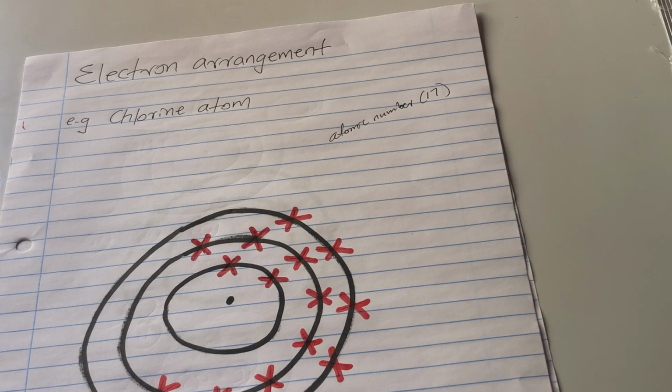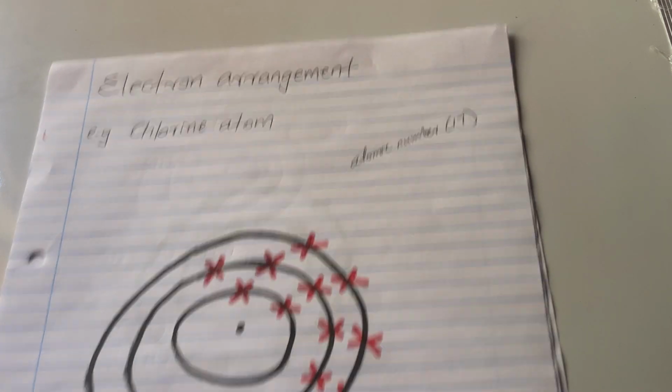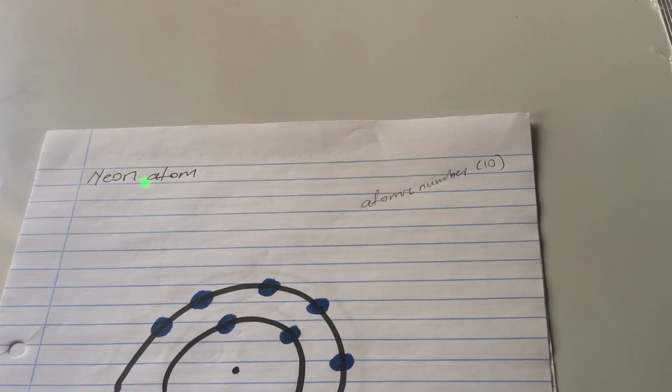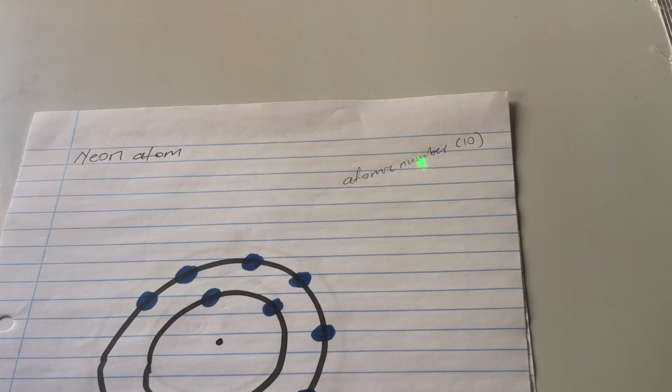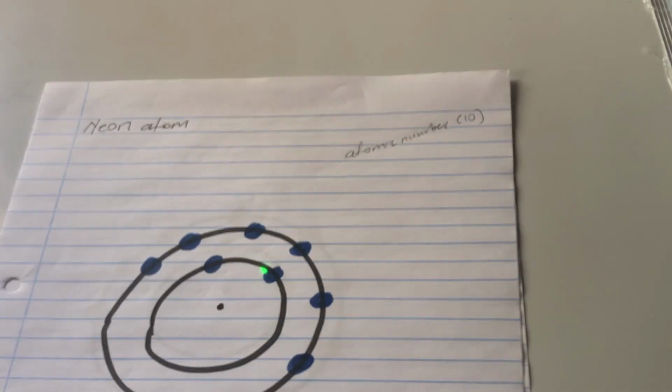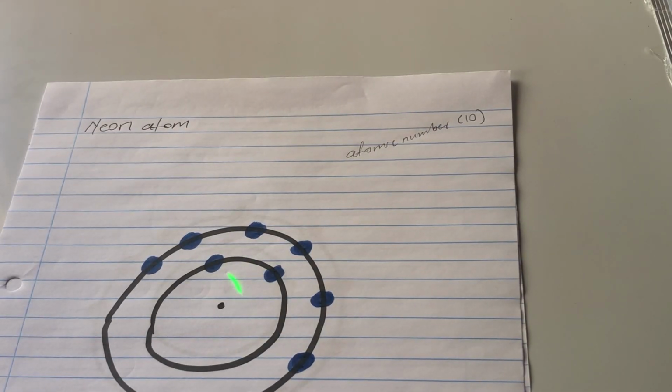Let's go to the second example. This one is a neon atom. The atomic number of a neon atom is 10. So the electrons that I'm going to use to fill these shells are 10 in number.